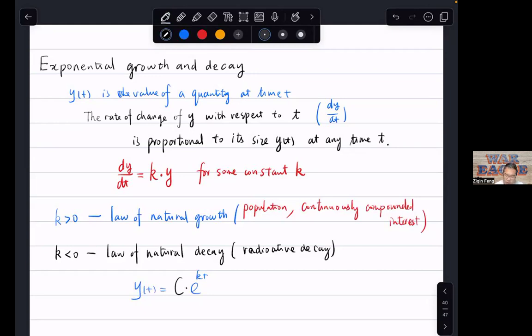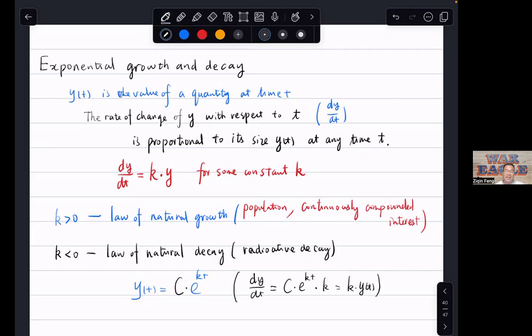So if your function is c times e to the kt, then dy over dt is c times e to the kt times k, which is k times y of t.